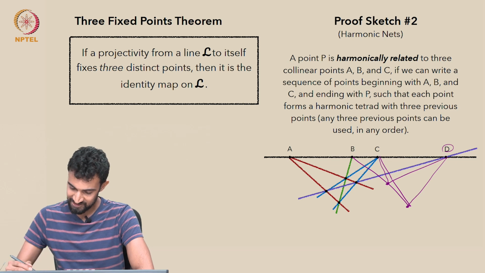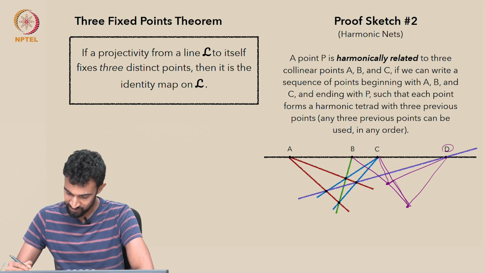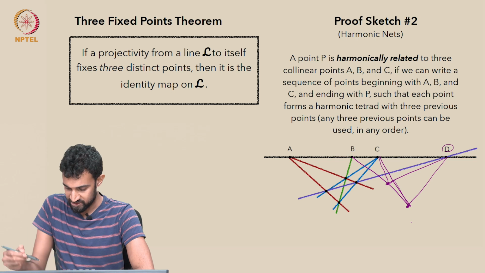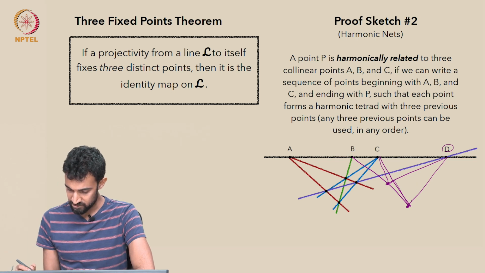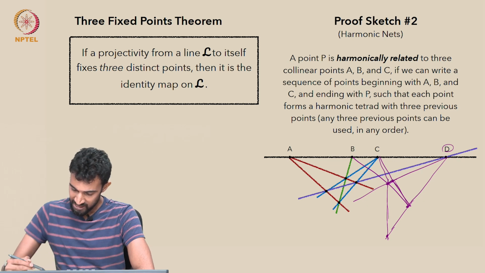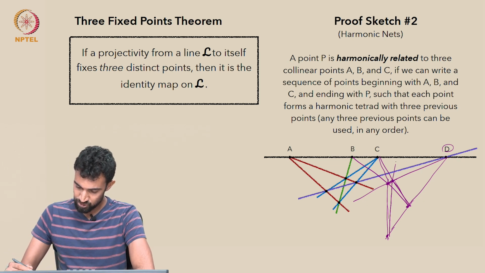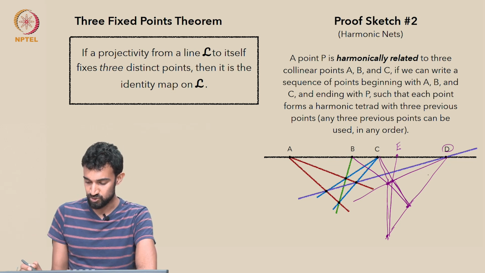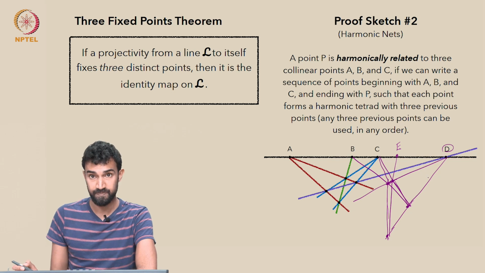Okay, so that's going to give us this very small quadrilateral here. Yeah, this is our quadrilateral, and when we connect up these two points, we end up with a new point here, which I can call E. So E is harmonically related to B, C, and D.